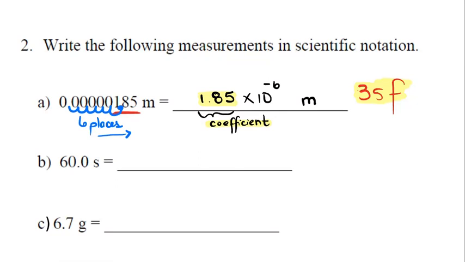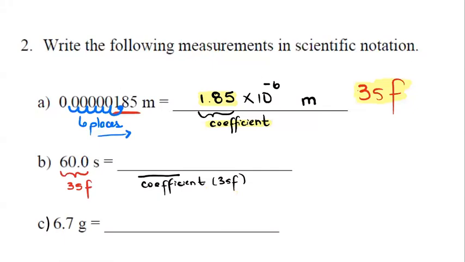In letter B, we have 60.0, okay, seconds. Let's put on the chat, how many sig figs do I have in my measurement? Excellent job. Great job, you guys. Yes, the answer is 3 sig figs. So what does that mean? That the coefficient that I'm going to write here will have 3 sig figs.